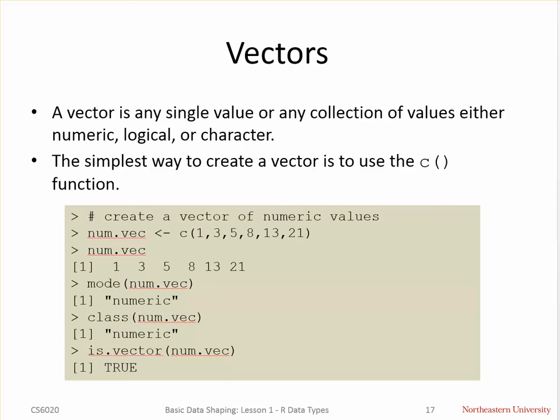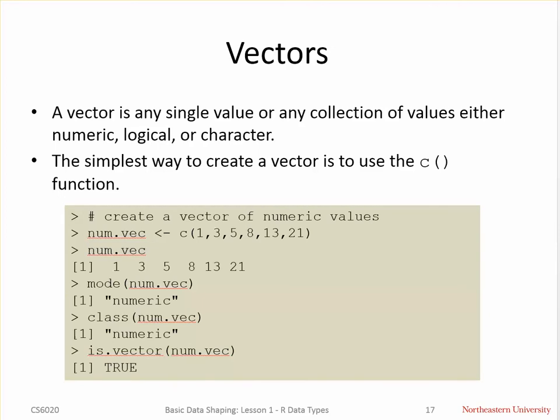So if, for example, in this case right here, we say num.vec, so we're creating a vector called num.vec as the result of the concatenation of the values 1, 3, 5, 8, 13, 21, which is the first few numbers of the Fibonacci series. And then I can, of course, always print out a vector by simply saying num.vec, the variable by itself, and I get the result of it.